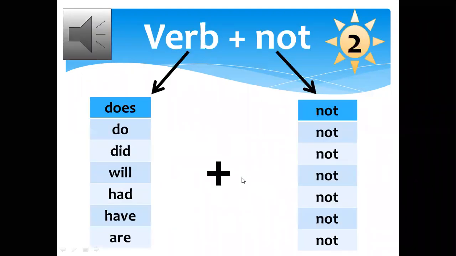Okay, now the second case of the contraction. The second case is a verb plus not. Like what? Here we have does, do, did, will, had, have. I will combine these verbs with not.